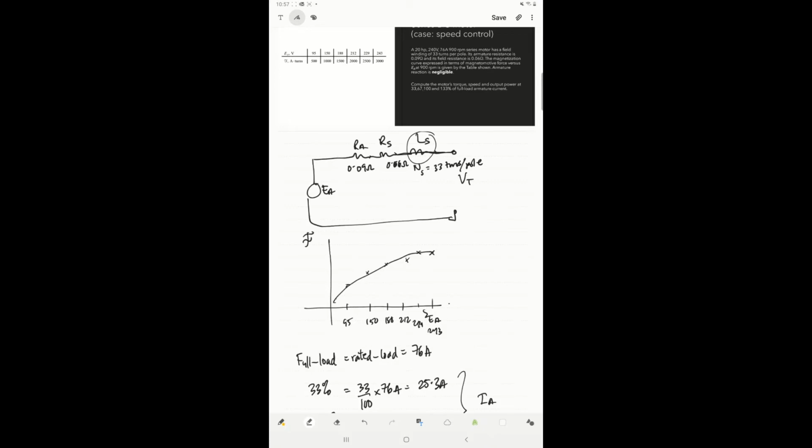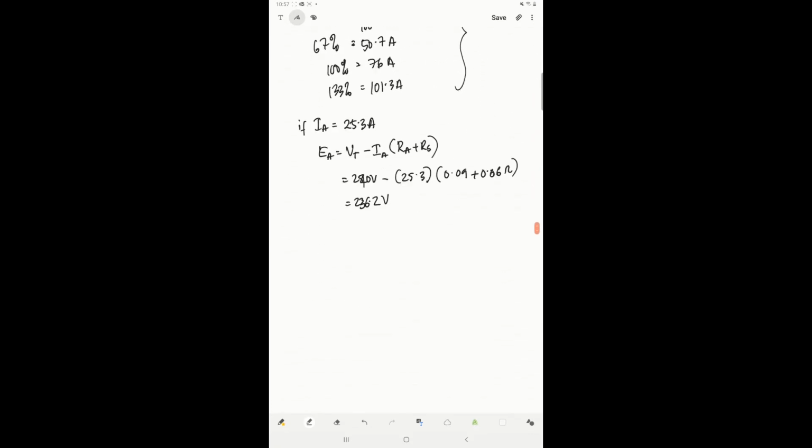We do that by knowing the magnetomotive force that we have inside this machine. The magnetomotive force is obviously N times IA.